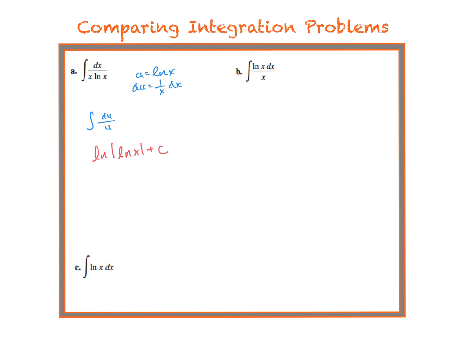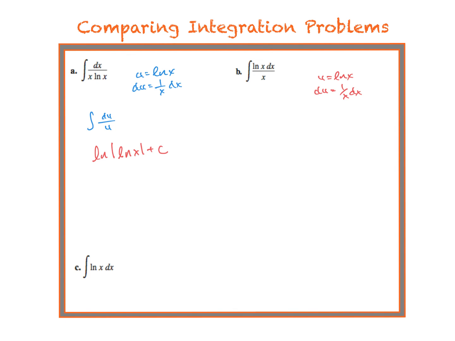All right, let's look at part B. So now we have the integral of natural log x dx over x. So what could we do now? What's my u? Natural log x. What's my du? 1 over x.